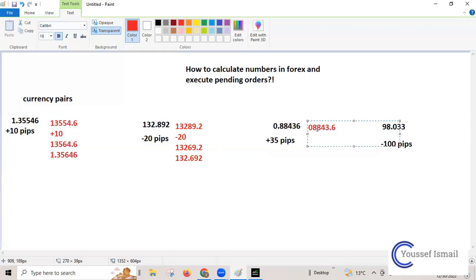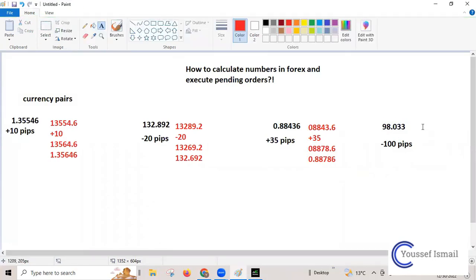If we add 35 to this number, the result will be 0.8878.6. And then when we move that back to its original form, it will be 0.888786.